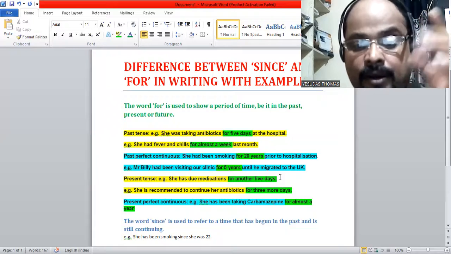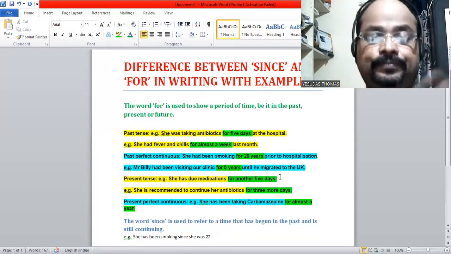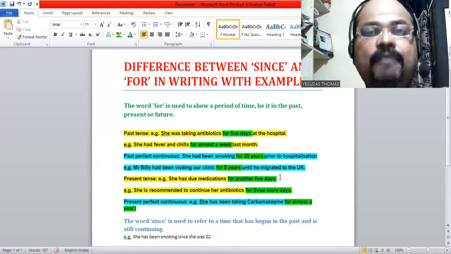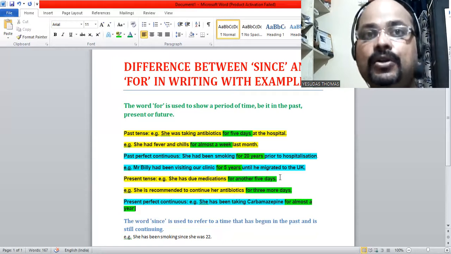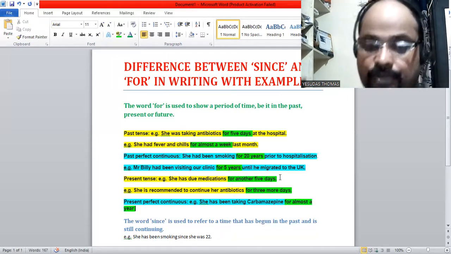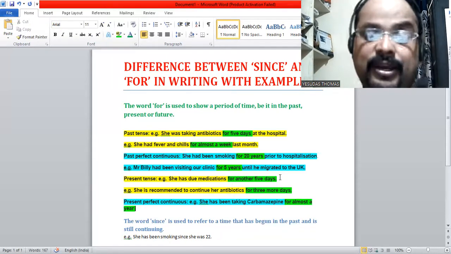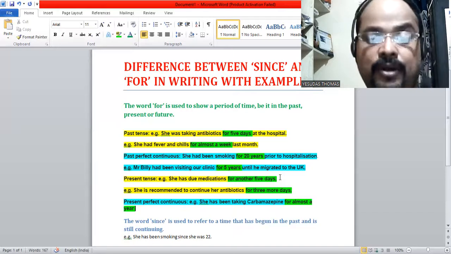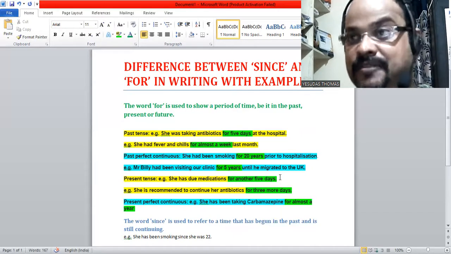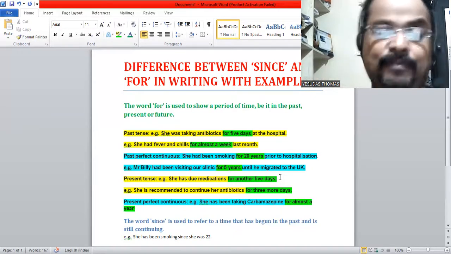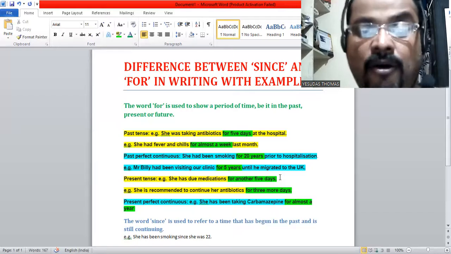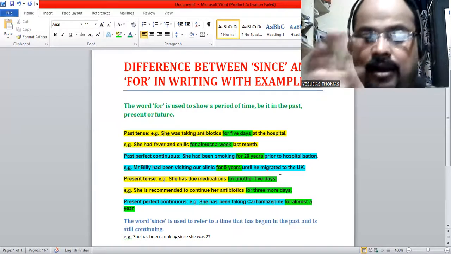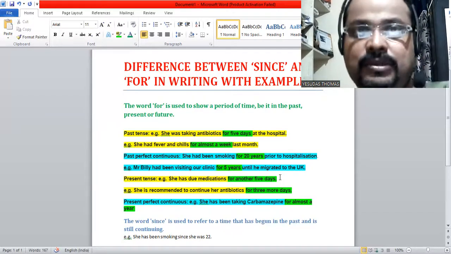From that point, she is continuing right now for a period of 1 year, 12 months. She has been taking, right now she is taking, she started almost a year ago. We don't have a specific time frame there, but we have a period of almost a year, a vague idea, 1 year, 2 years, 3 years.